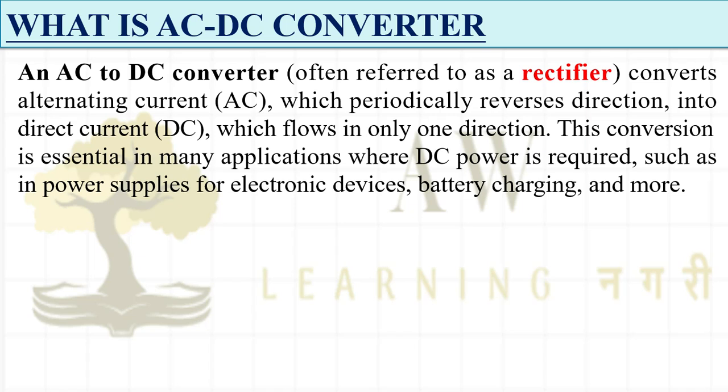So an AC to DC converter is nothing but the rectifier, which converts your alternating current, AC quantity, which periodically reverses direction, into the direct current which flows in only one direction. This conversion is essential in many applications where DC power is required, such as in power supplies for electronic devices, battery charging, and more.